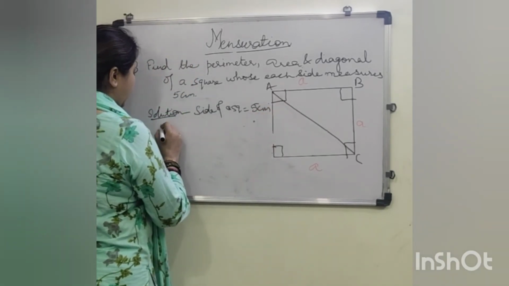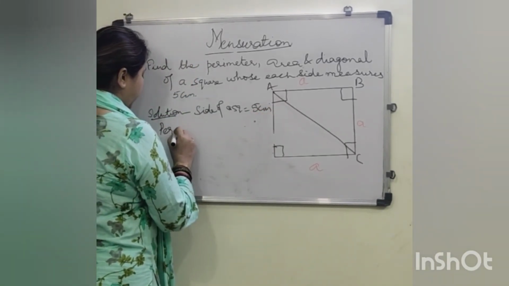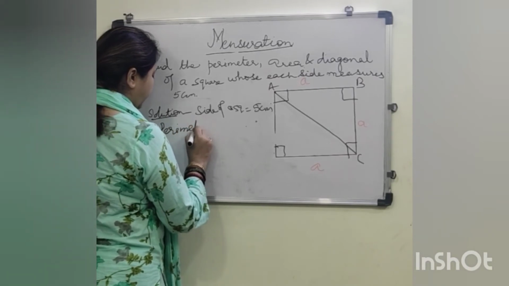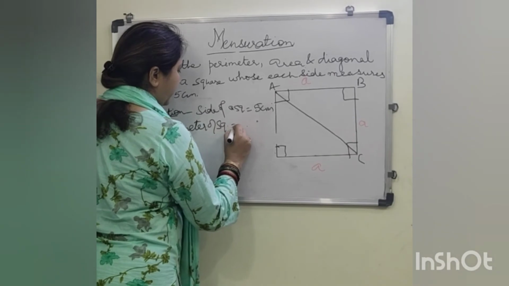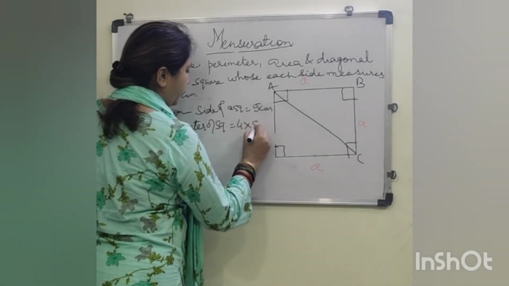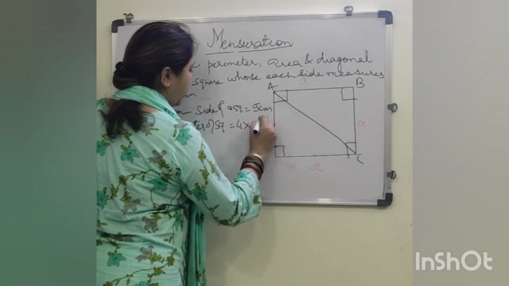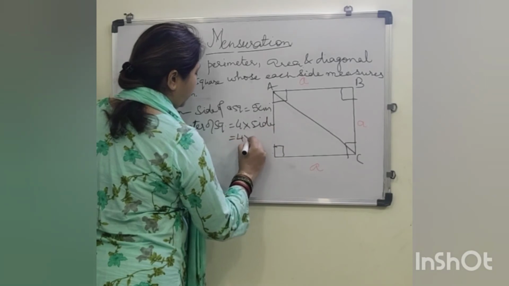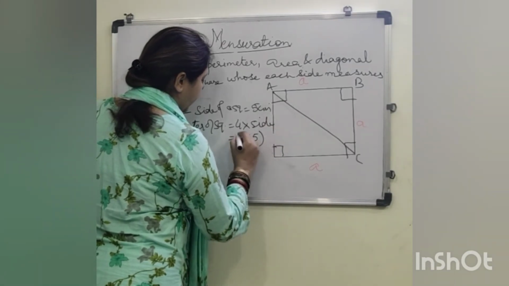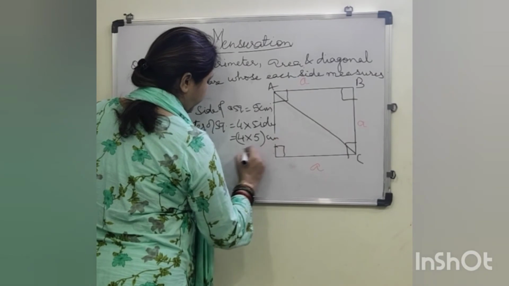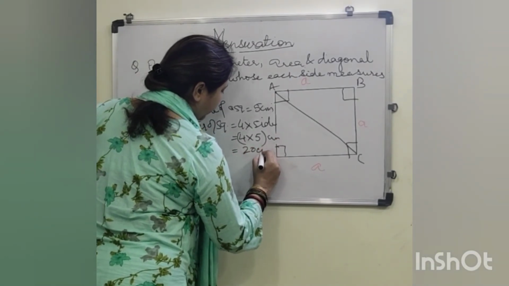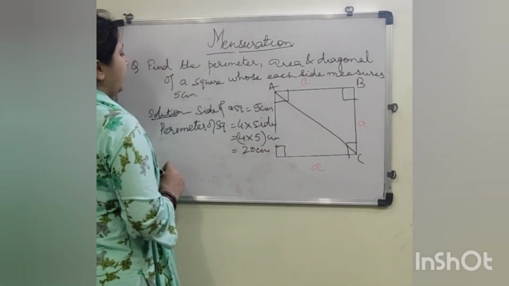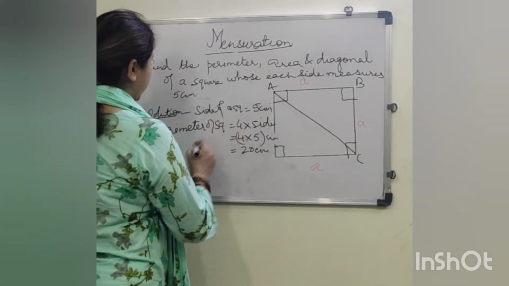First of all, we calculate perimeter. So perimeter of a square is 4 into side, that is 4 into 5 centimeter, that is 20 centimeter. Next is area.